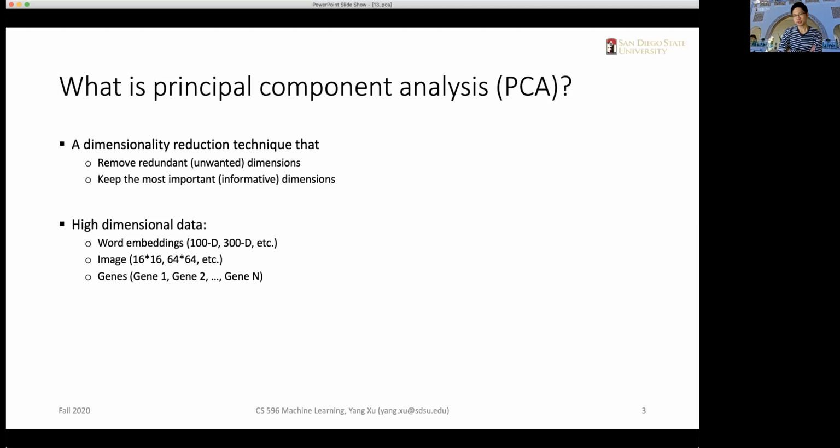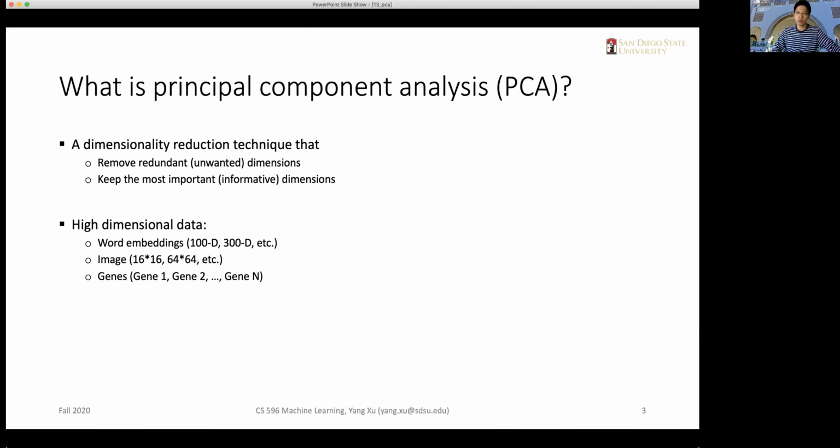And sometimes it's not the case that all the dimensions matter. There are always some dimensions that don't carry too much information. And it's even more true when you have higher dimensional data sets, like images. If you have 64 by 64 pixels and you keep all the information, that's too dense, and not all dimensions are necessary.